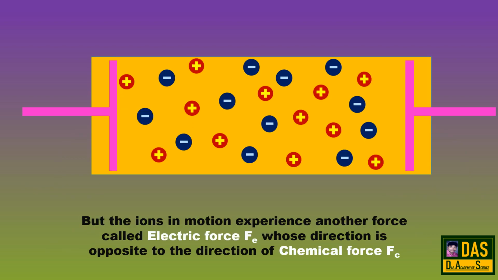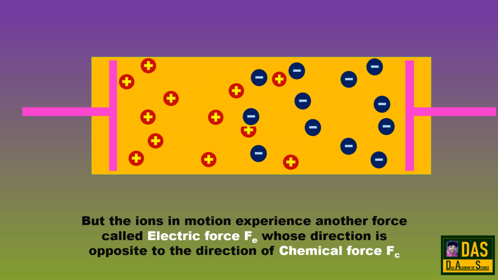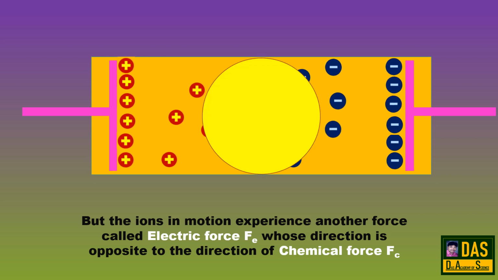But ions in motion experience another force called electric force, that is Fe, whose direction is opposite to the direction of chemical force. Observe here, Fc and Fe are opposite in direction acting on ions.